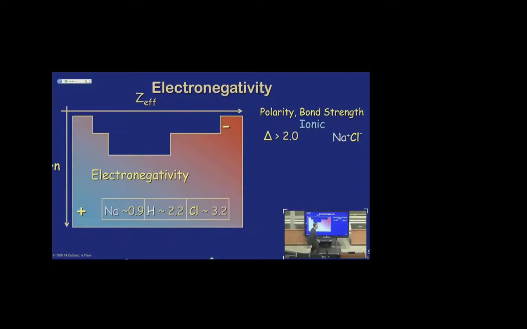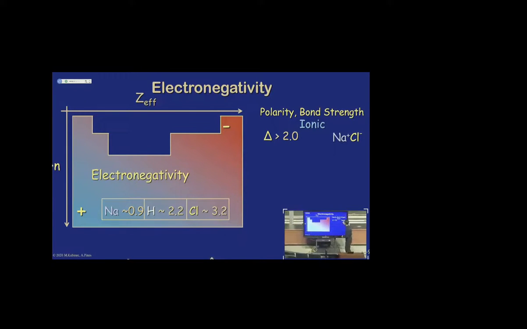And when I say polarity, I just mean there's a plus and minus separation. So it's polar because polarity refers to plus minus separation. There's a direction in space you can define because of the separation of charge.